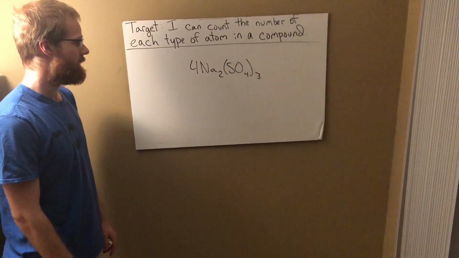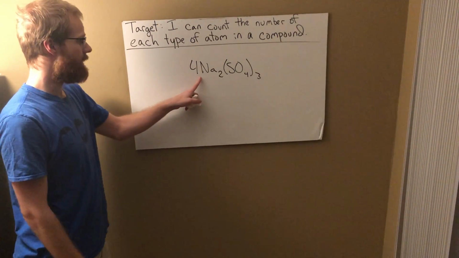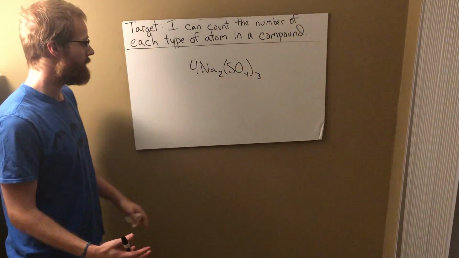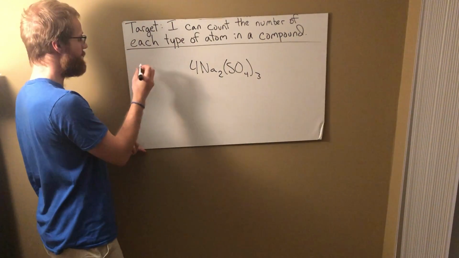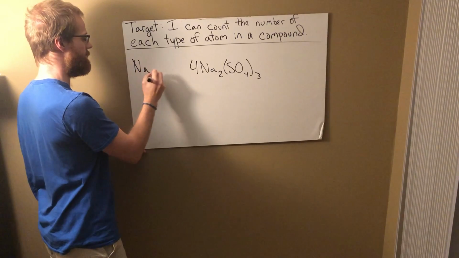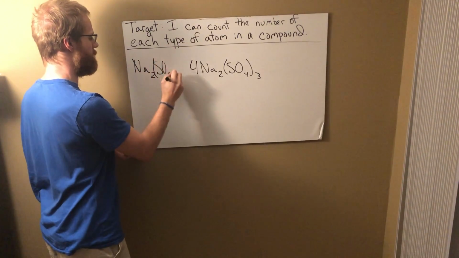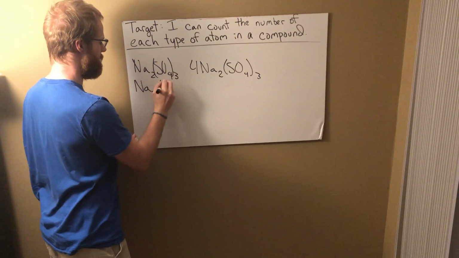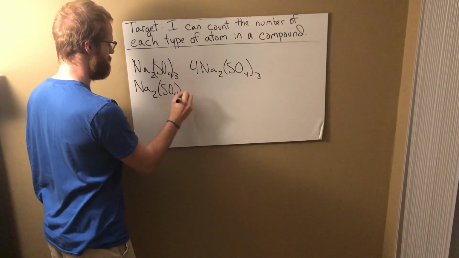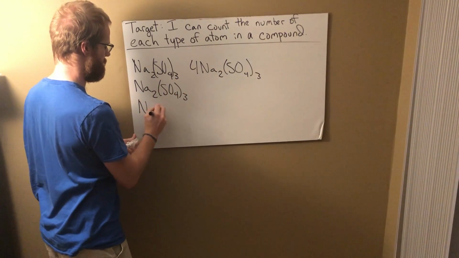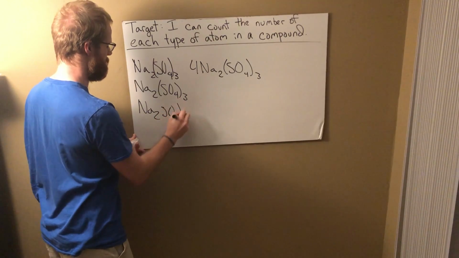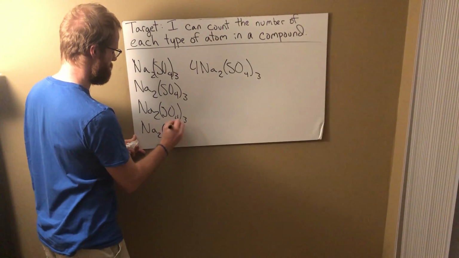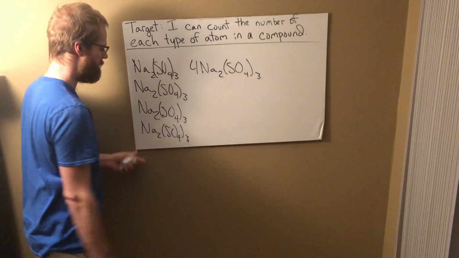So one of the things that I always recommend doing is writing out however many of the molecule you have off to the margins, at least as a way to check your work. So we've got Na2SO4 3, we've got Na2SO4 3, and we've got Na2SO4 3, and one more, Na2SO4 3.